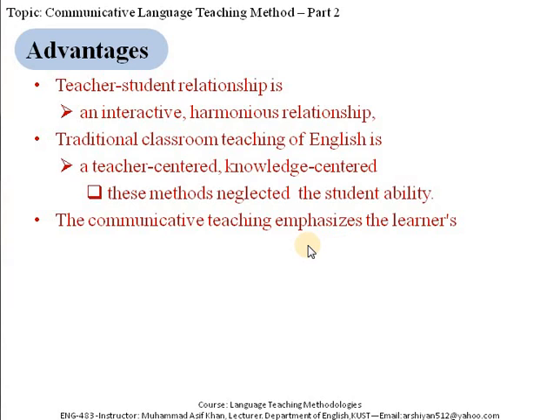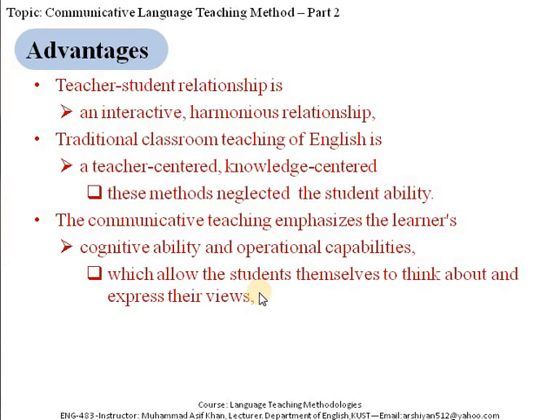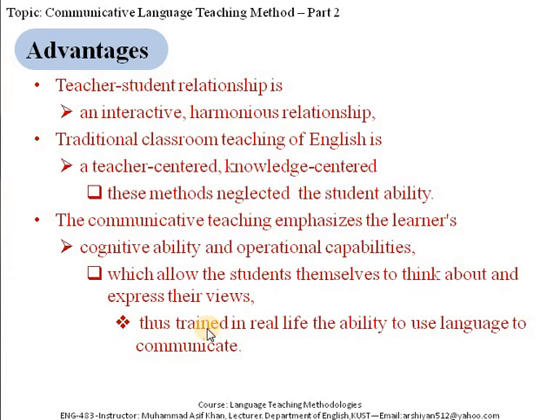Communicative teaching emphasizes the learner's cognitive abilities and operational capabilities. They focus on the knowledge of the language and the use of the language. This allows the student to think about and express their views, and in this way they are trained for real life, and they can develop their ability to use language to communicate. So these are the advantages.